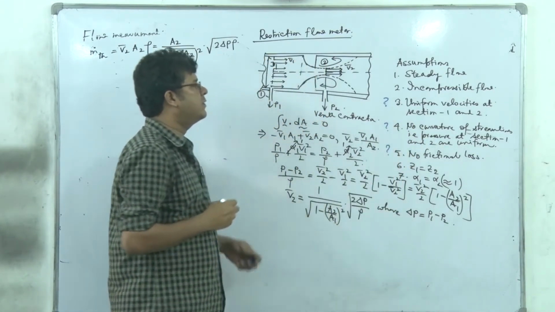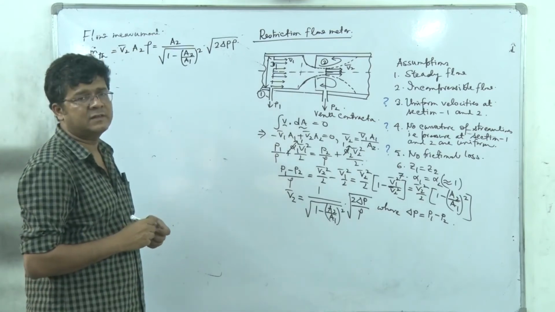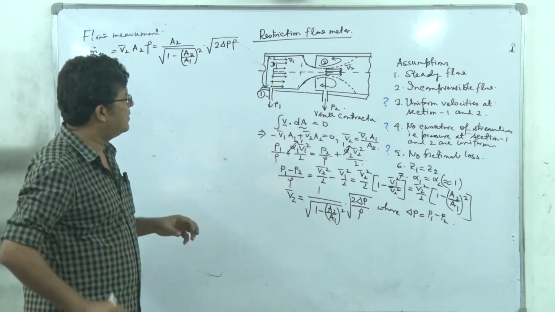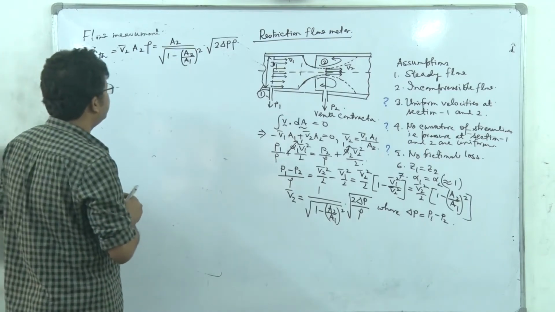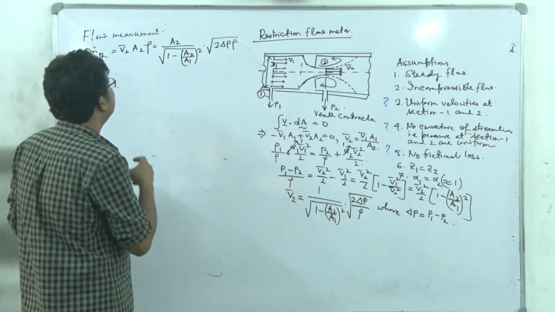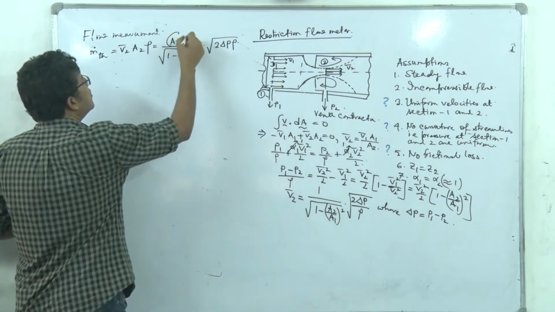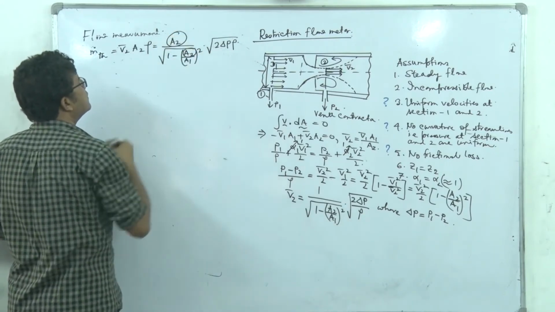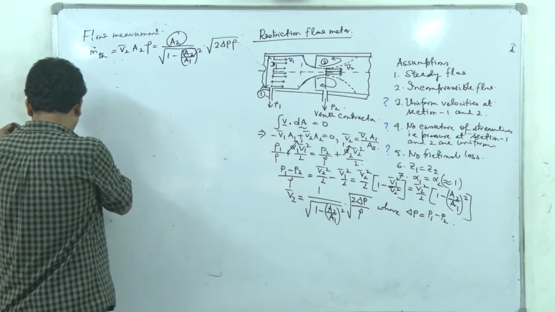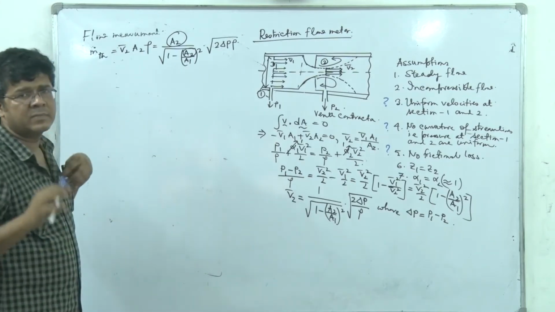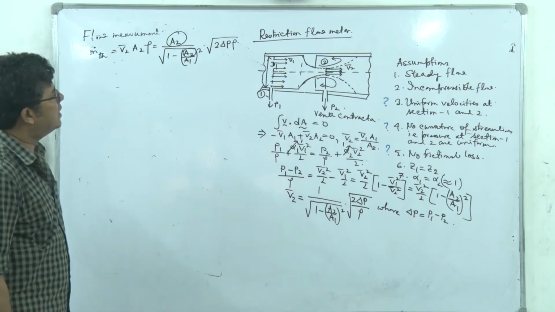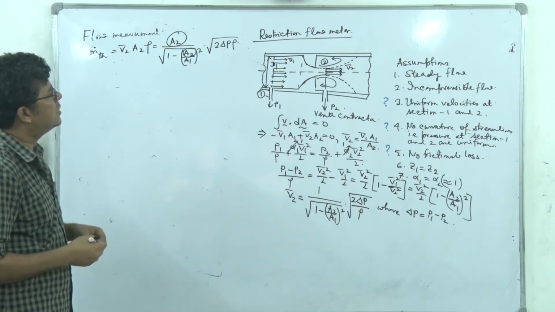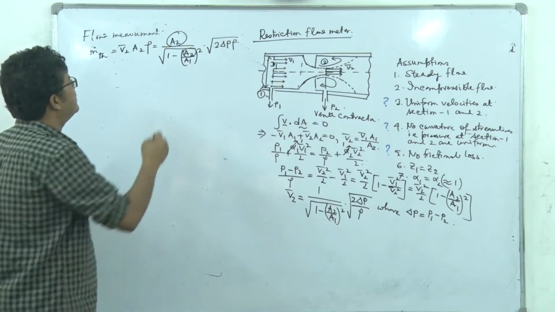But the most questionable assumption is uniform velocity at section 1 and 2. Additionally, if I have to measure the flow, I have to get the value of A2. And A2 is not a geometric dimension of that system, it's rather a dimension associated with the hydrodynamic profile of that system.